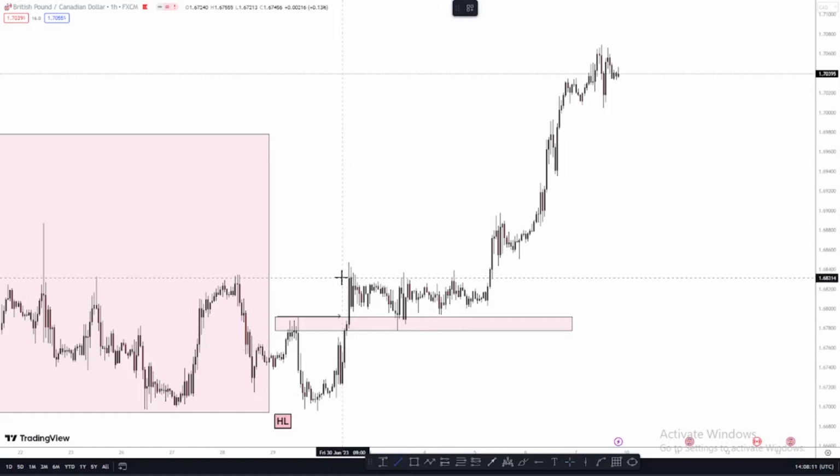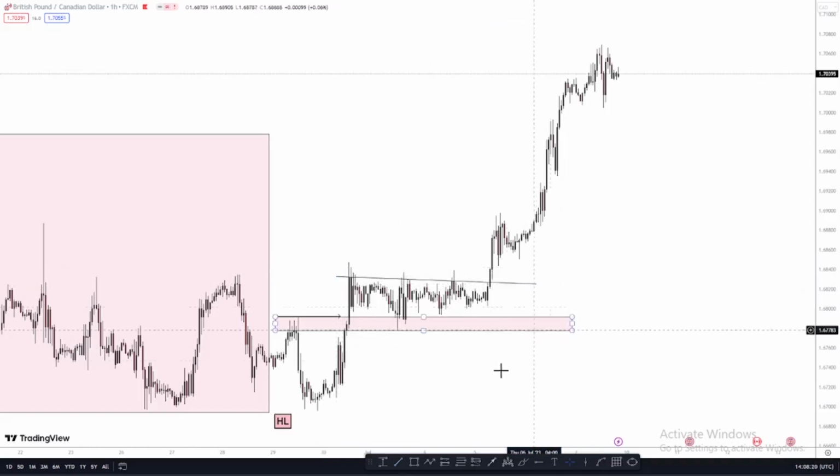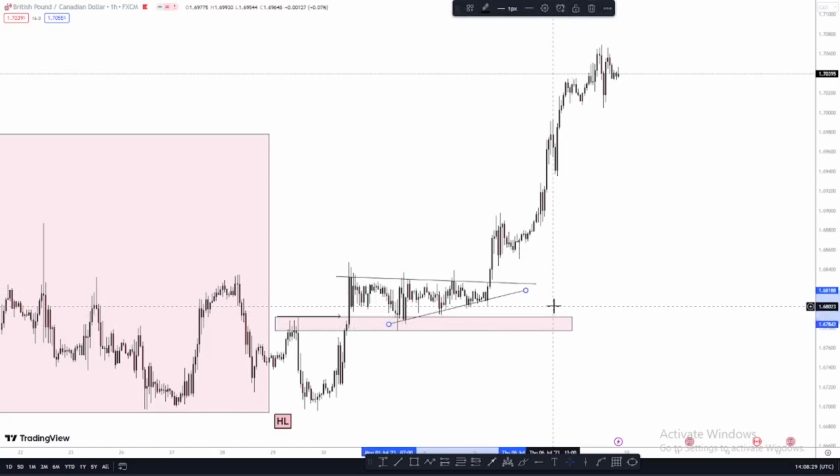What I did was take my trend line and draw from point A to point B. Take a second trend line, draw from point A to point B. What do we see? We see a chart pattern.